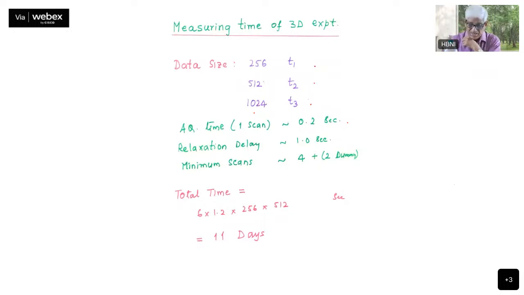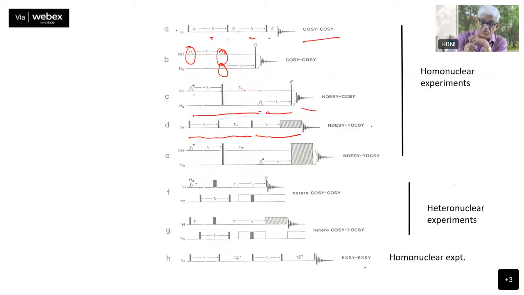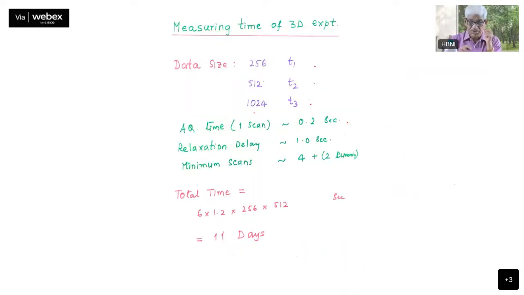What is the relaxation delay? The relaxation delay is the time you give before you start the preparation. That is common to every experiment. Whichever experiment you do, whether 2D, 3D, 4D, 5D, that relaxation delay is common to every experiment. You have to allow the system to relax back to its original equilibrium state, and then you start the experiment.